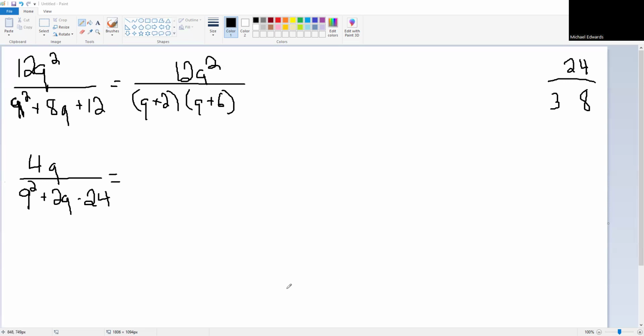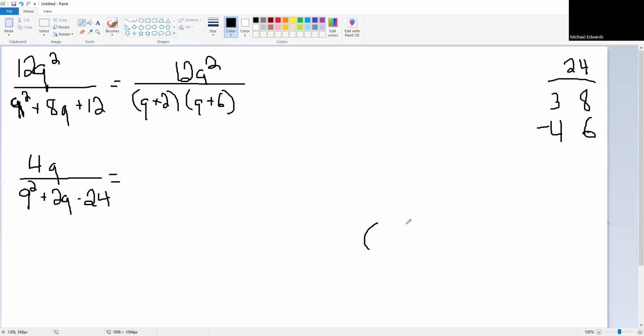What about 4? Does 4 go into 24? Yeah, it's a 6. The difference between these is a positive 2. So if we did 6 minus 4, we'll get a positive 2. There are our numbers.